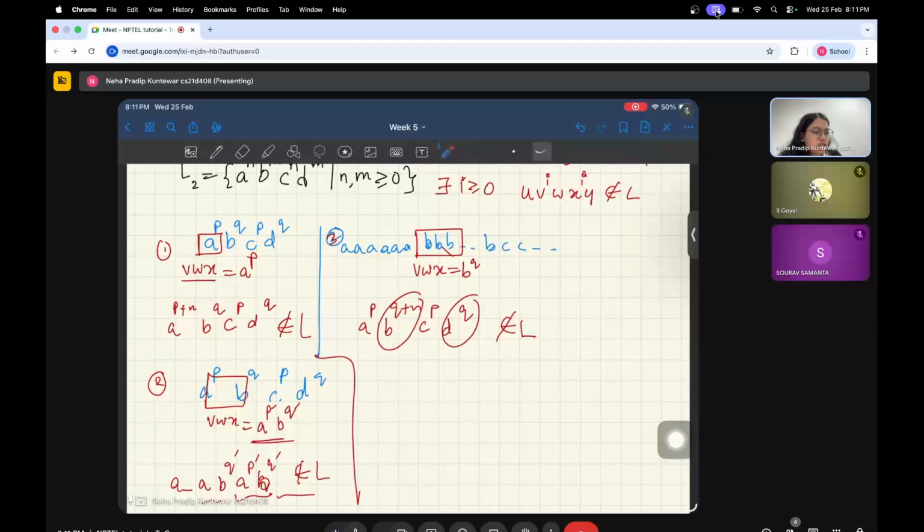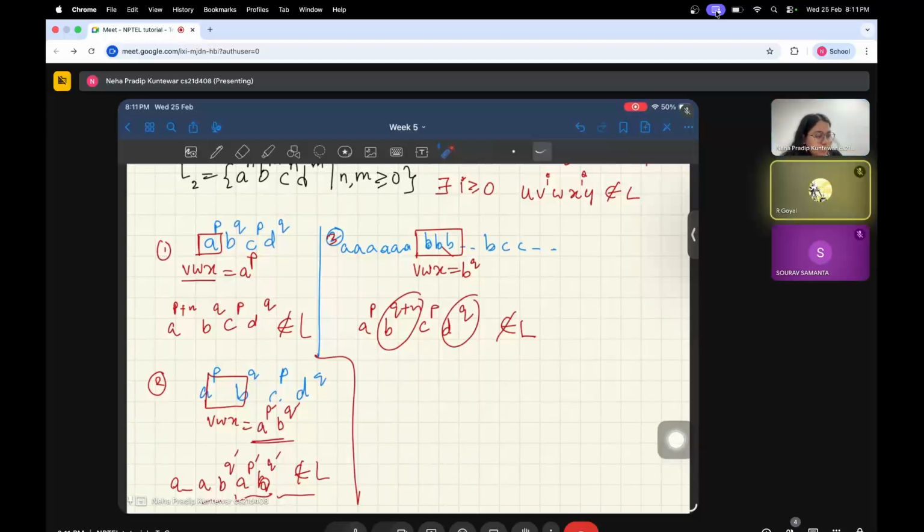Then this was our third case, that it entirely contains B's. The fourth case would be that it contains some part of B's and some part of C's. In that case we'll end up in a situation like this. You'll have BC BC BC sort of thing.